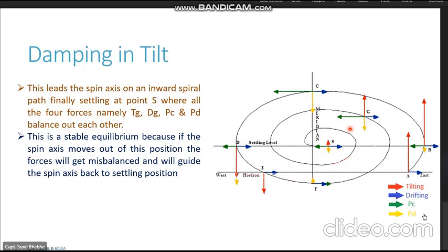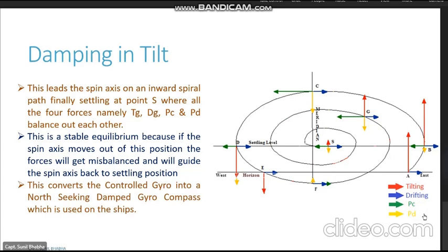Now, once you leave it here, the balance of all the four forces will get mismatched. It will get disbalanced again. It will start moving on a spiral path like this and eventually come back and settle at this particular location only. So wherever you take and leave the spin axis, it is going to move on a spiral path and then eventually come and settle down at this particular location only.